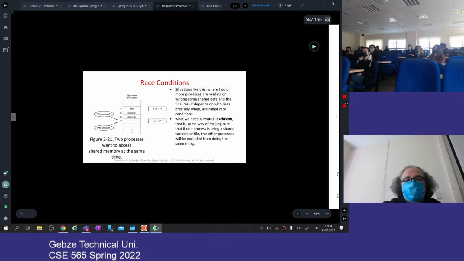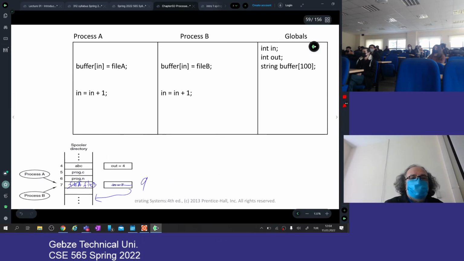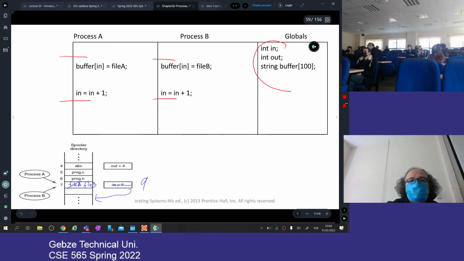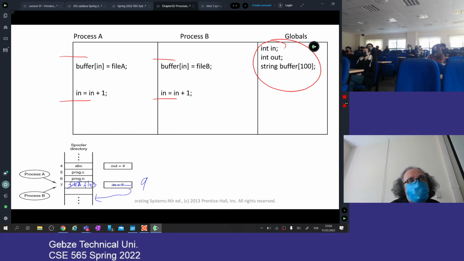So you are going to say that between these two lines is my mutual exclusion zone. If I am inside this region while I'm executing this, nobody else can use these three global variables. Only I can do it. So I mutually exclusively have the right to modify these three variables while I am within this zone.